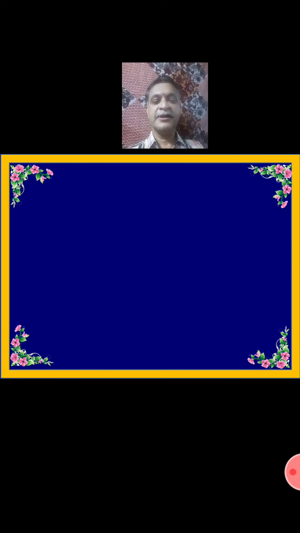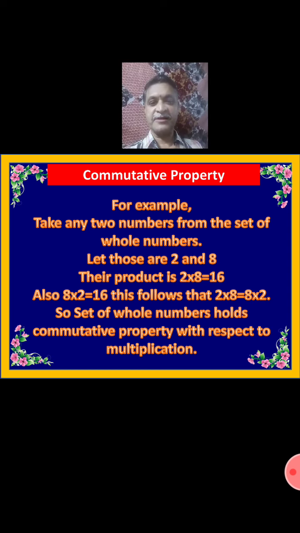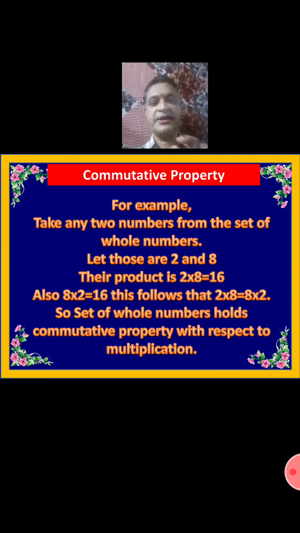For example, take two numbers 2 and 8. Suppose you multiply 2 and 8, you get 16. 2 into 8 is equal to 16. Just reverse the order. 8 into 2, that is also 16. So both are equal. Then we say that 8 into 2 is equal to 2 into 8.